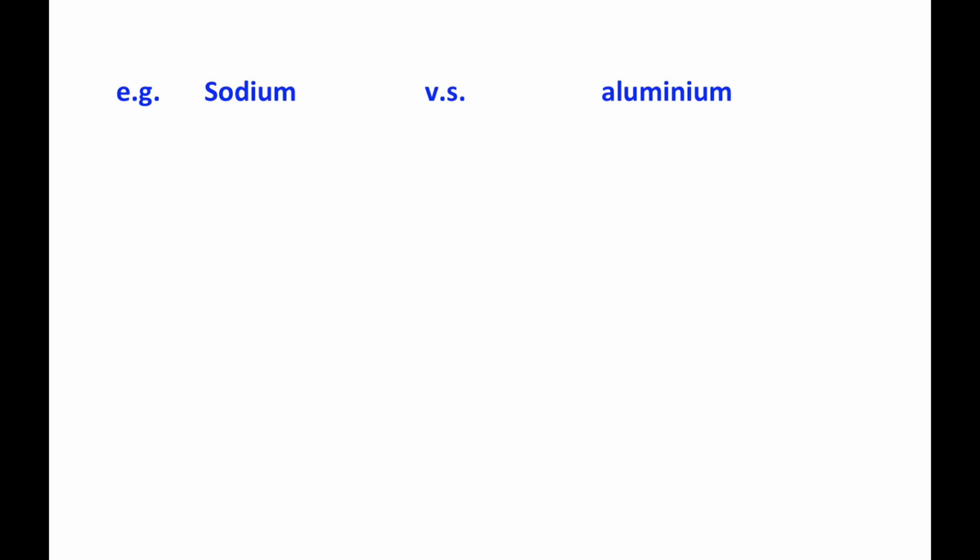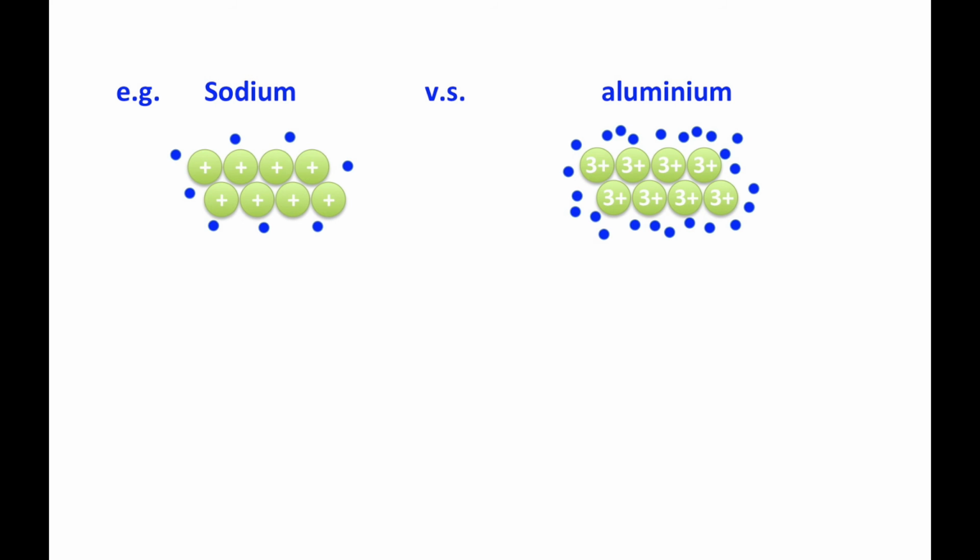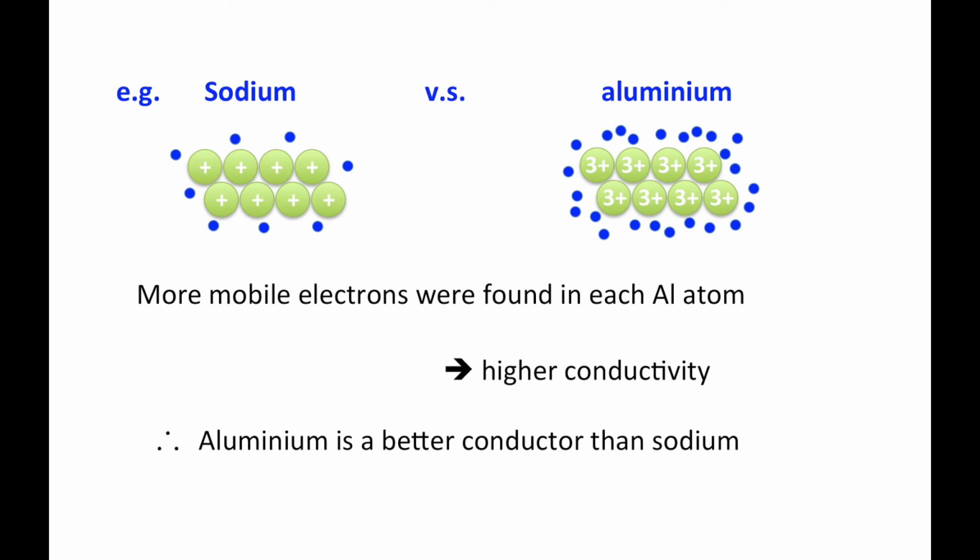For example, sodium and aluminium, which one has higher conductivity? We need to study their metallic structure again. Here is a diagram, and I know some of you may already predict which is the better conductor. For aluminium, there are many more electrons around the metal cation compared with sodium, so aluminium should be a better conductor.